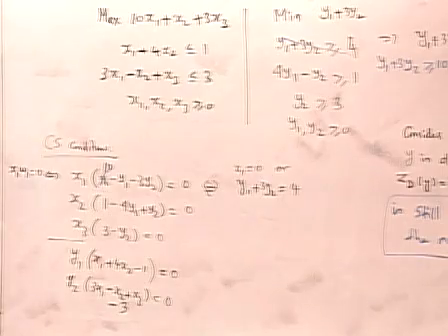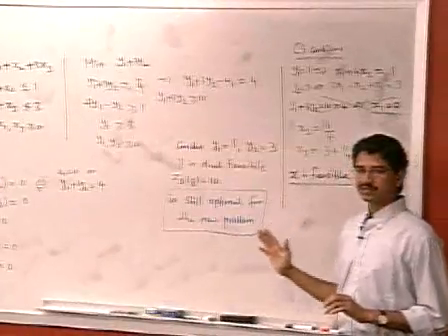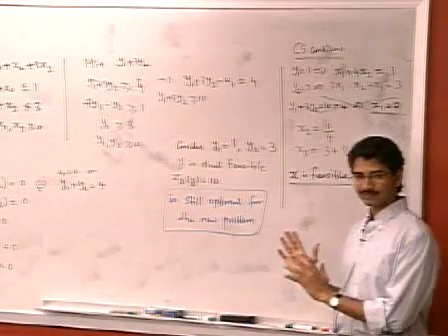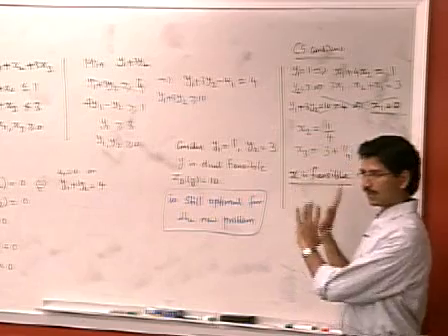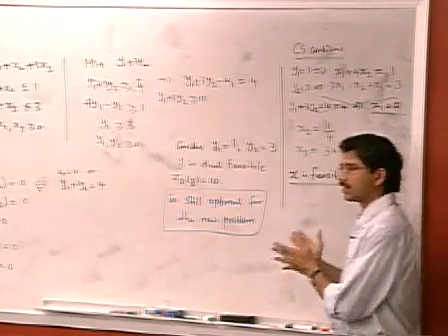So the summary is that in certain cases, the CS conditions will determine a unique solution. That's the first example we saw. And in certain cases, it won't determine a unique solution.